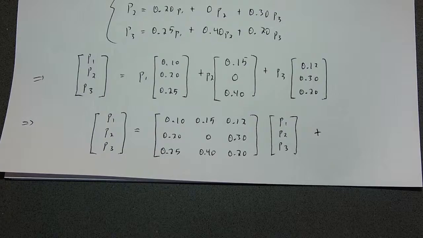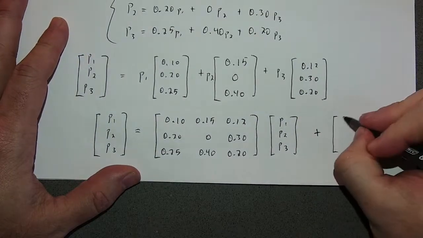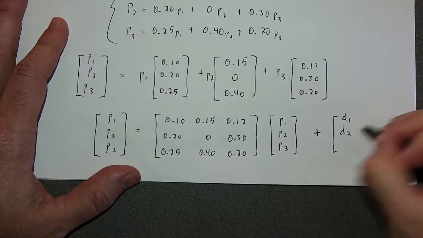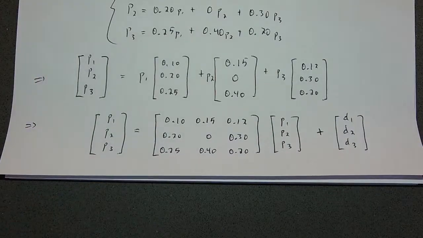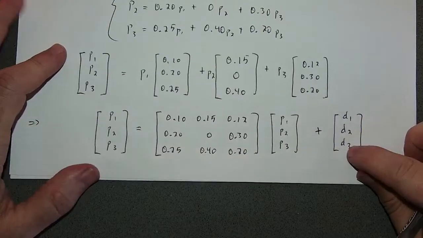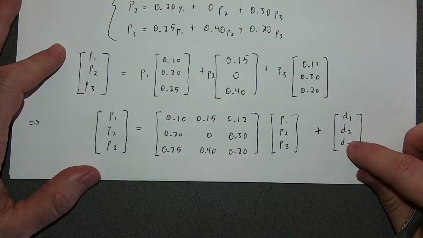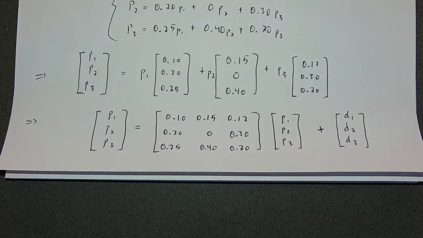Okay? But I want to include the following additional external demand of D1, D2, and D3 number of units for the corresponding products 1, 2, and 3.